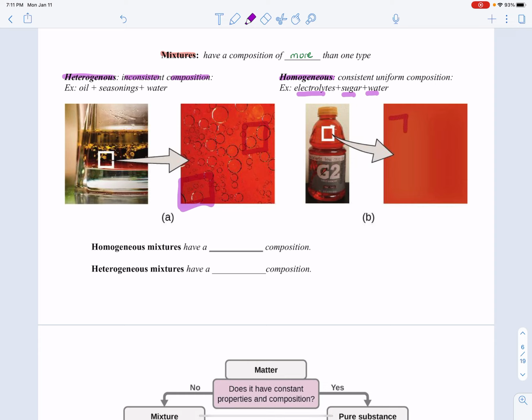If you take this section, it looks exactly the same as this section. So again, they have a consistent composition and an inconsistent one. We'll do some examples of these in just a second.